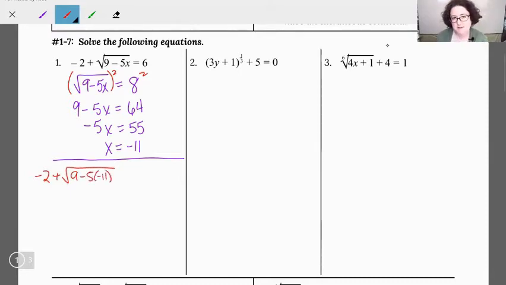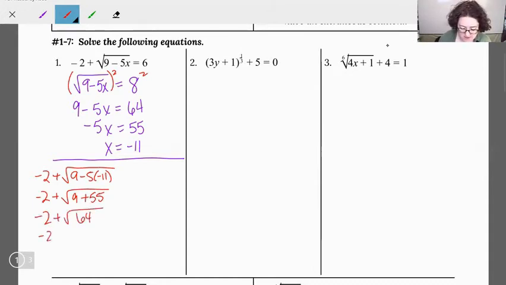And I want to check to see if that comes out to be 6. Multiplying out, we have -5 times -11, which ends up being a positive 55, which is going to work out really nicely for us. So -2 plus the square root of 64, aka -2 plus 8, comes out to be 6, which checks out. So that means our solution is indeed x equals -11.